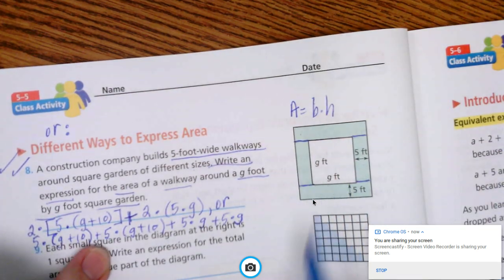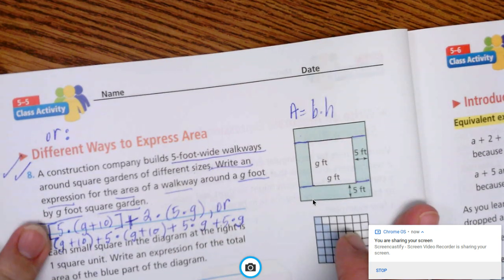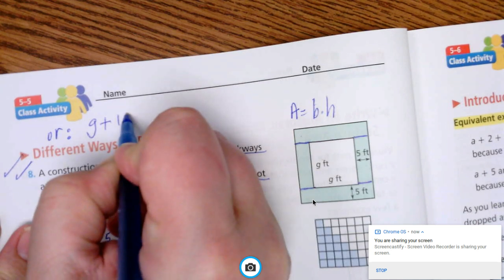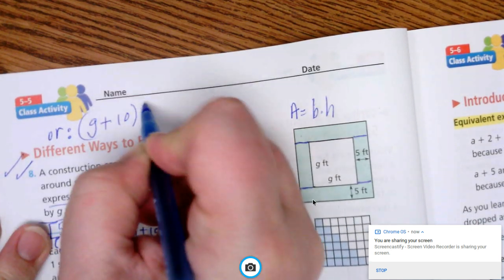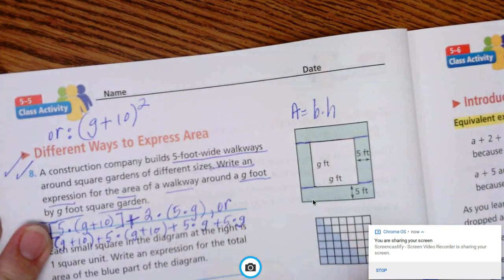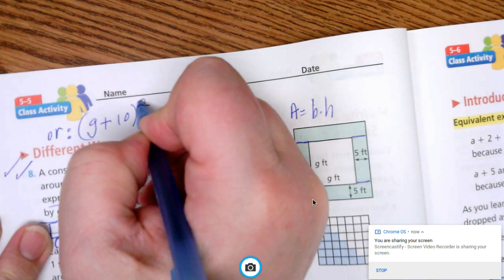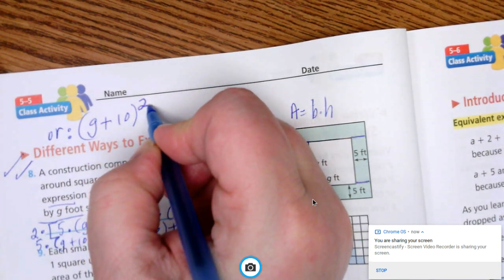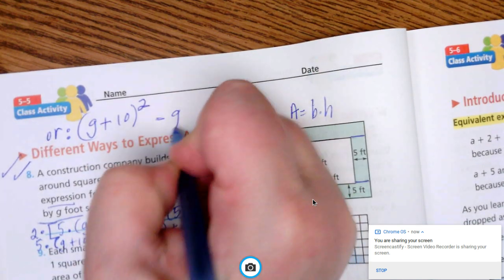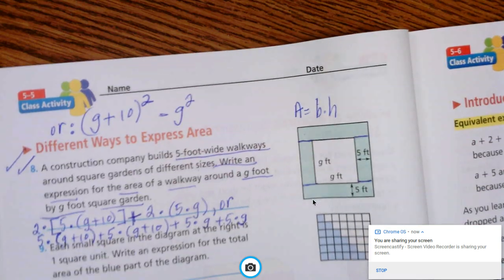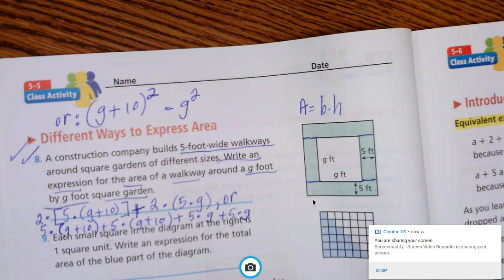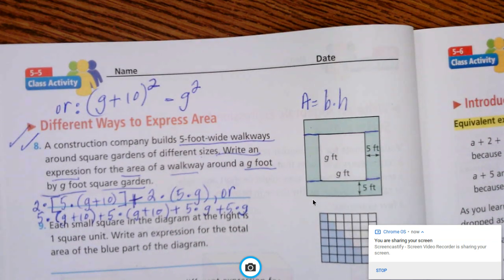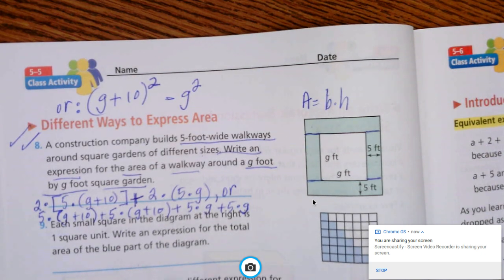So you would do that by saying G plus 10 raised to the second power, because you would do it times itself, minus G raised to the second power. We could pause this and think about this, but I'm going to keep going.